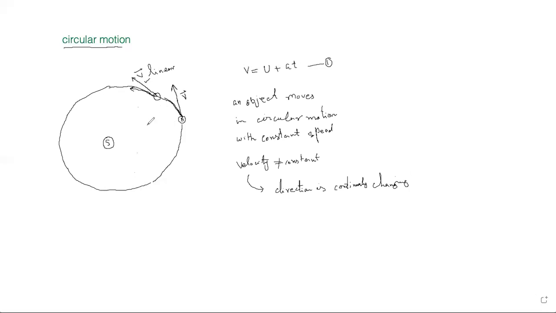Now our next task is to develop a relation between linear and angular motion. For example, we consider that this object was at some position here at time t equal to 0, and after some time t, it moved to a new position, and for this motion it revolves through an angle theta.